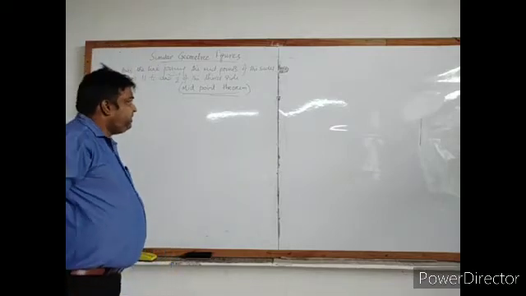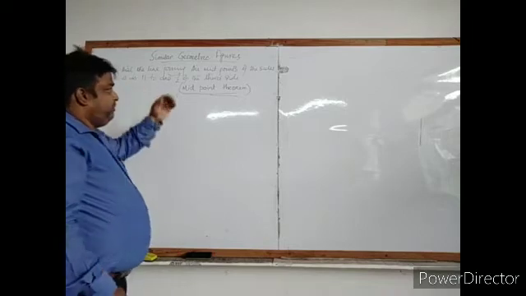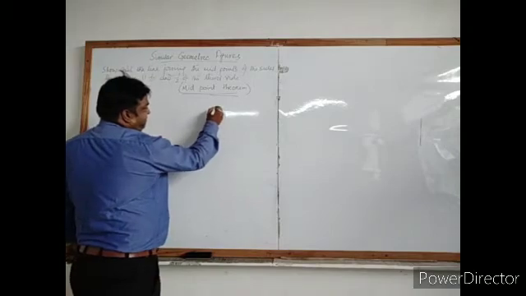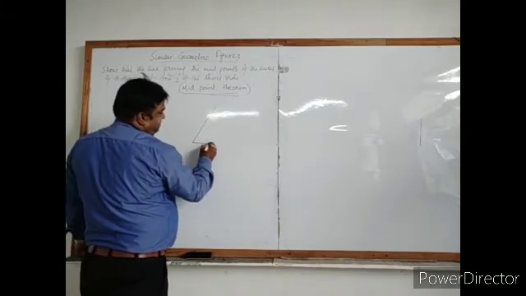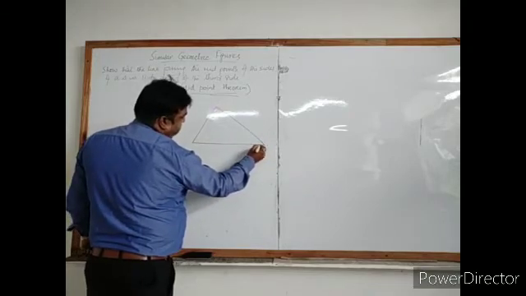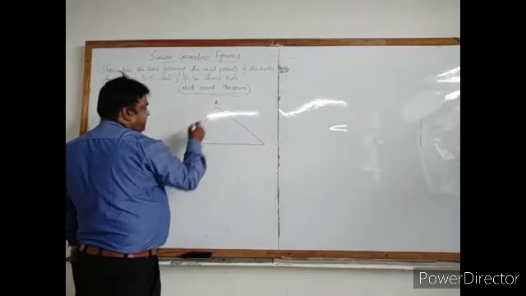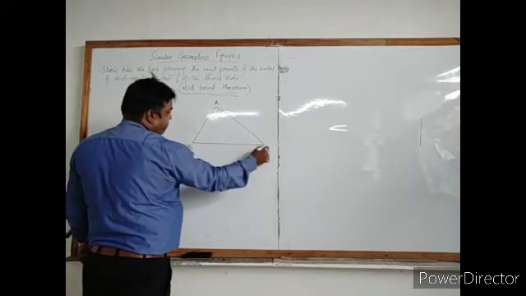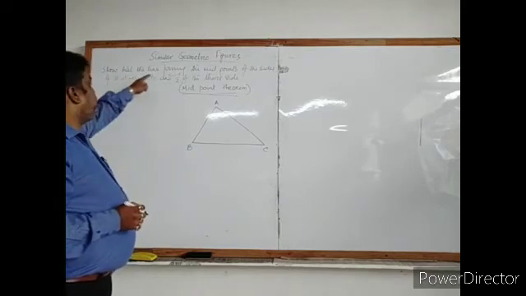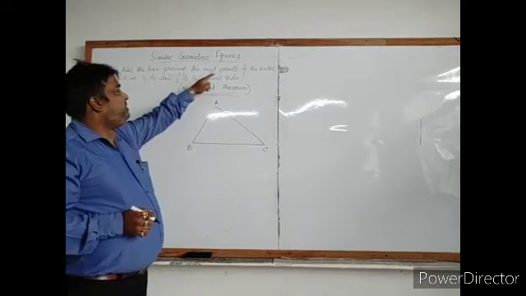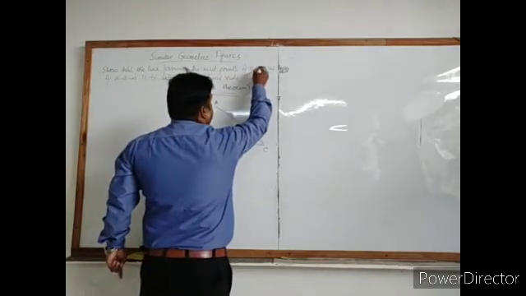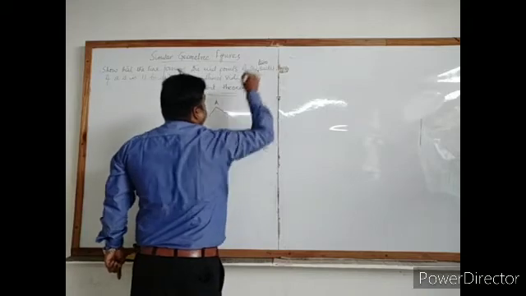As per the question, let us take one triangle first. Say this is the triangle I am drawing, named A, B, C. Now it says to show that the line segment joining the midpoints of two sides of a triangle.